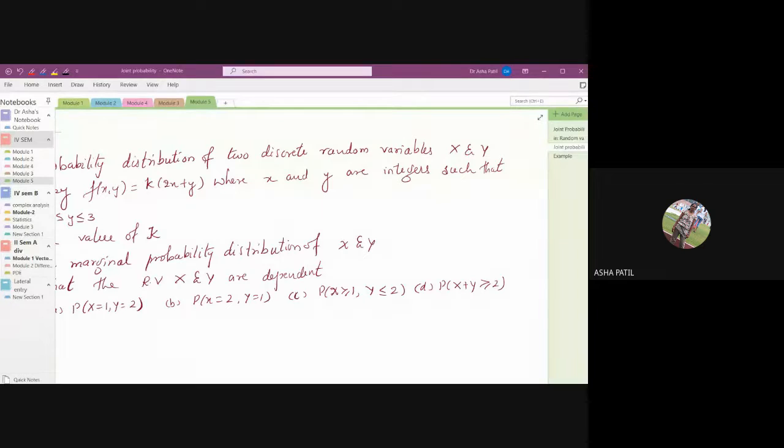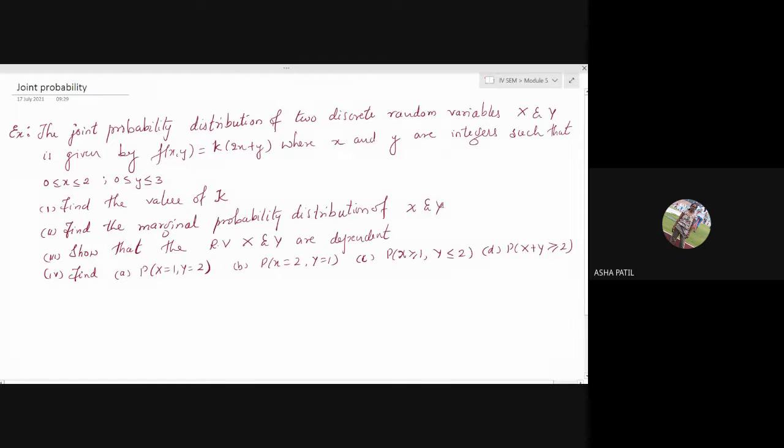Take this example. The joint distribution of two discrete random variables x and y is given by f of xy is equal to k into 2x plus y, where x and y are integers such that 0 is less than x less than or equal to 2 and 0 is less than or equal to y less than or equal to 3.